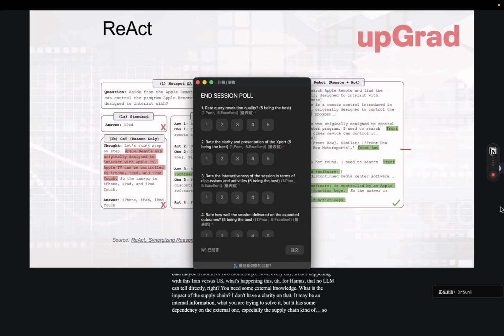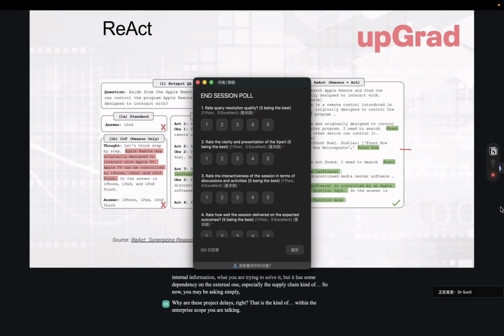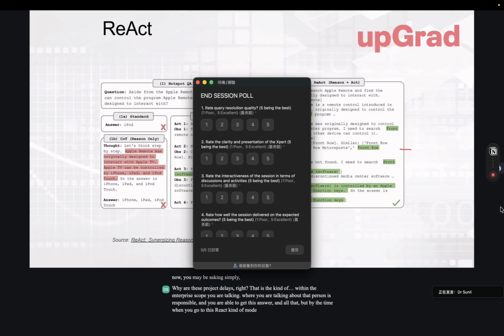So now you may be asking simply, why are these project delays, right? That is within the enterprise scope, where you are talking about who is responsible and you are able to get this answer. But by the time you go to this ReAct mode for this kind of complex queries, we are trying to understand two things. One, the specific reasoning paths possible for this kind of scenario to identify the project delays and corrective actions.